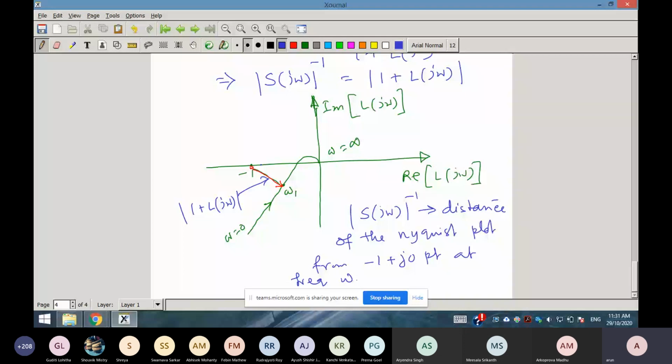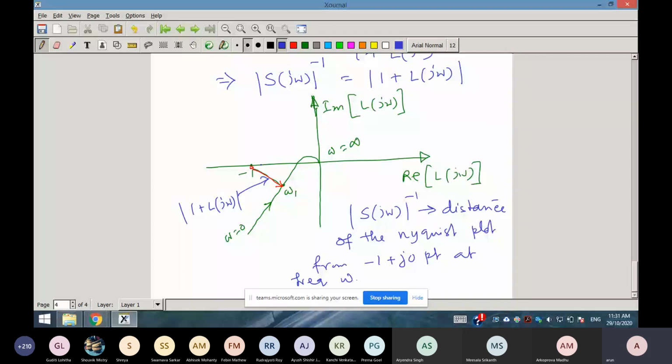You verify that the nominal Nyquist plot is not touching the -1 point, but because of some parameter variation or unmodeled dynamics, the Nyquist plot of the loop transfer function may touch the -1 point.